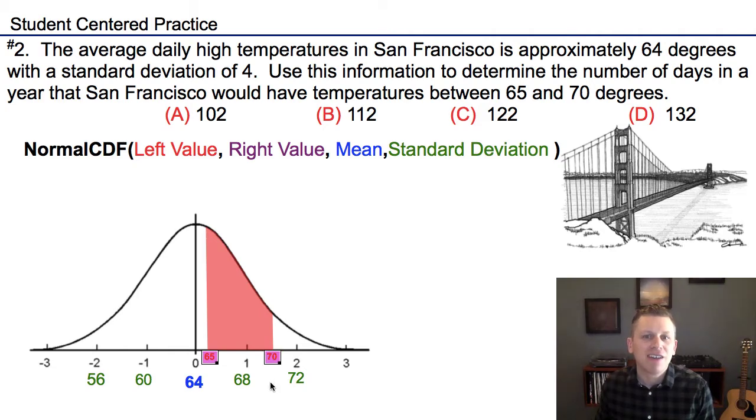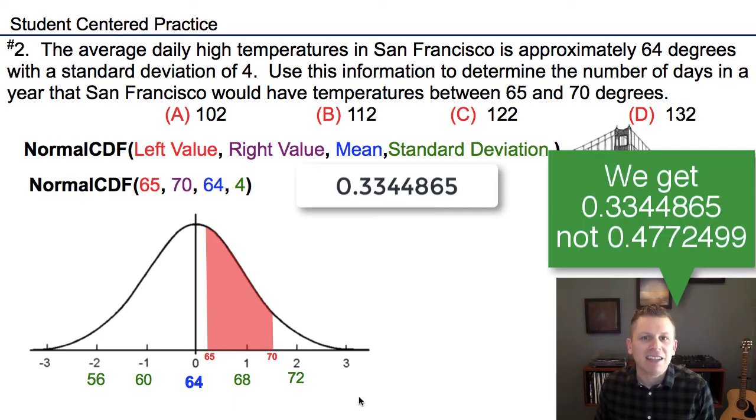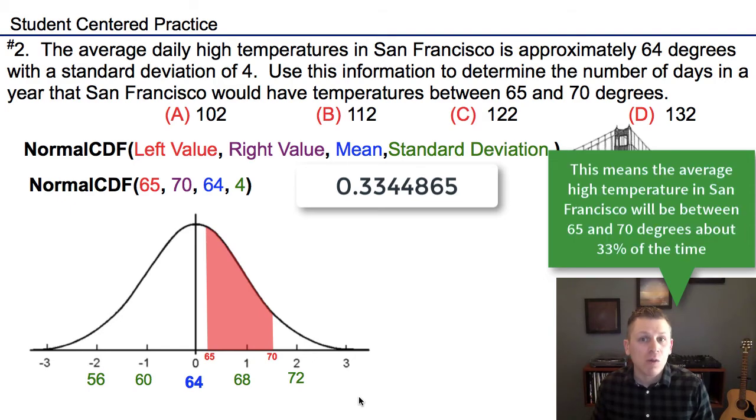The rightmost value is 70. The mean is 64, and the standard deviation is 4 degrees. Plugging that in, I get 0.477249. What this means is that in San Francisco, the average high temperature will be between 65 degrees and 70 degrees about 47 or 48% of the time.